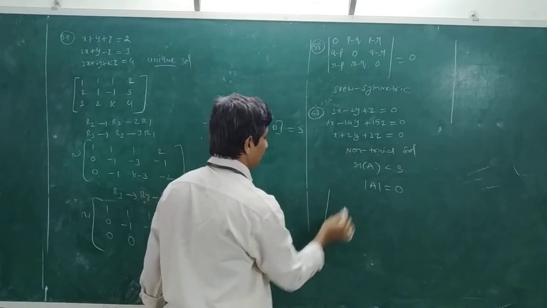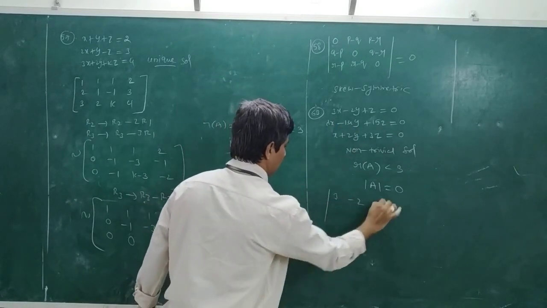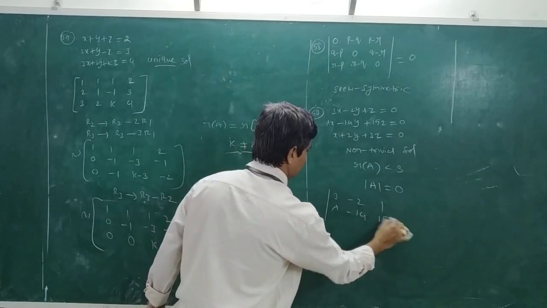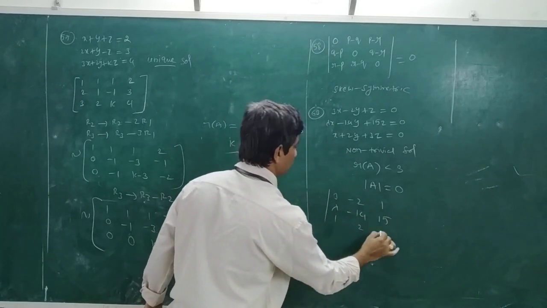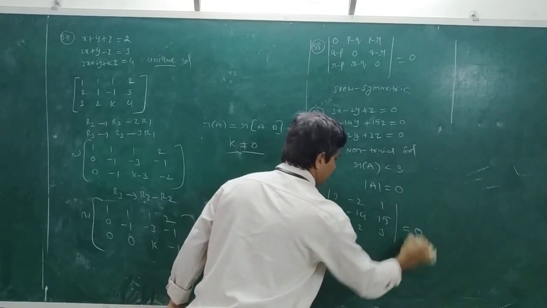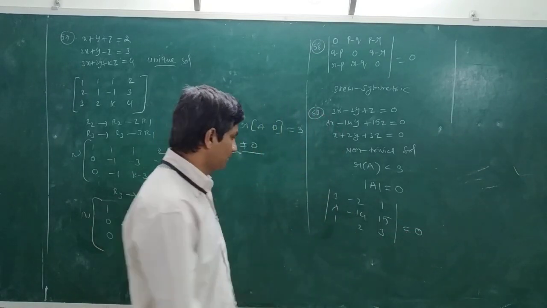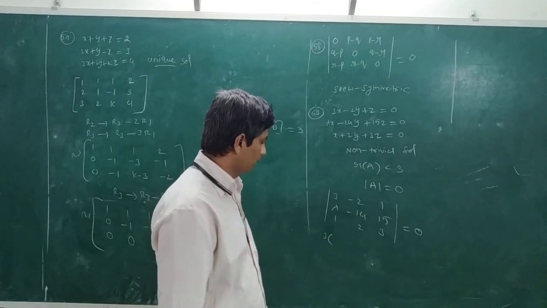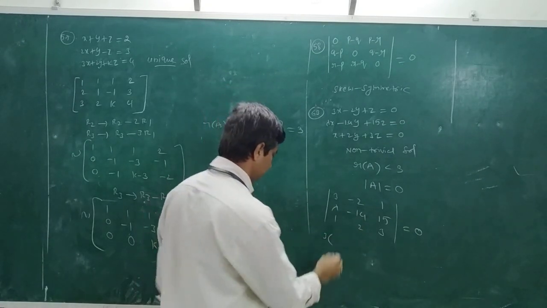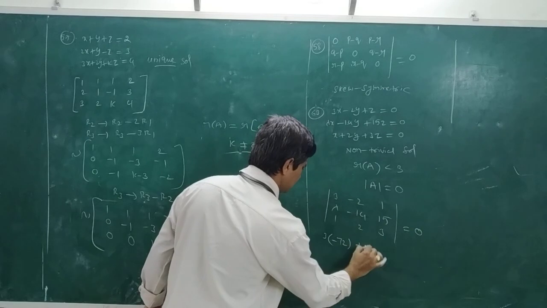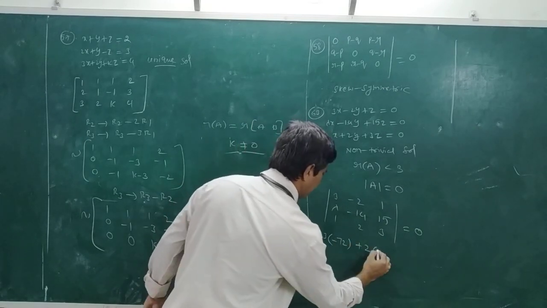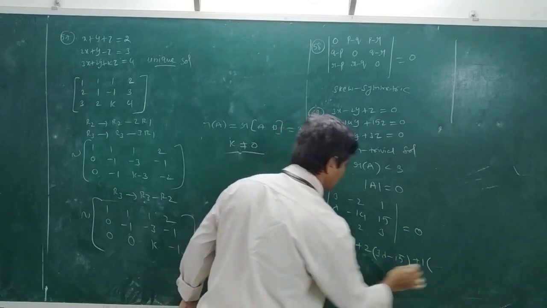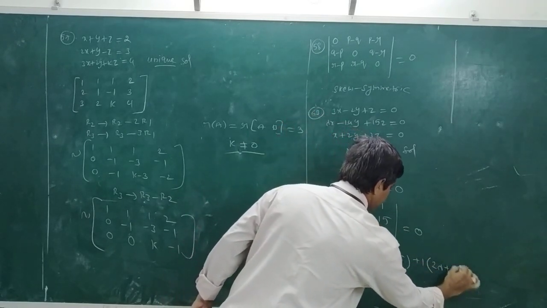What is det A? A means this coefficient matrix: 3, minus 2, 1; lambda, minus 14, 15; 1, 2, 3. Expand this. This is 3 into minus 42 minus 30, minus, plus 2 into 3 lambda minus 15, plus 1 into 2 lambda plus 14, equal to 0.